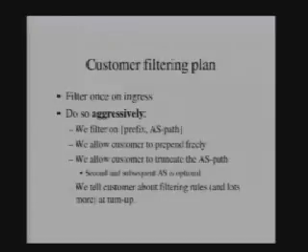And as everyone requests, please filter your customers. We do it once on ingress from our BGP customers, and we do so very aggressively. For each prefix, we check that prefix against a prefix list and against an AS path list. We allow that customer to prepend as much as they wish. We allow them to truncate the AS path.